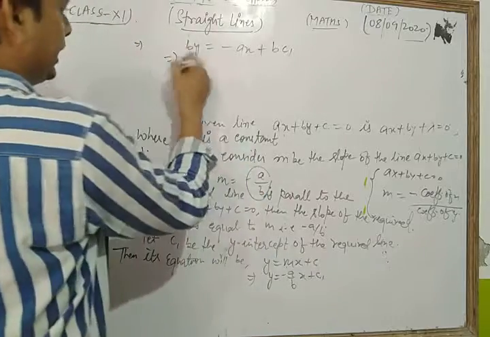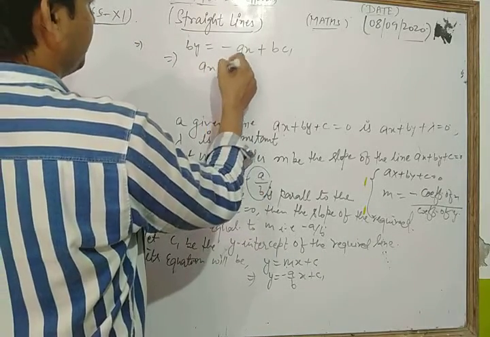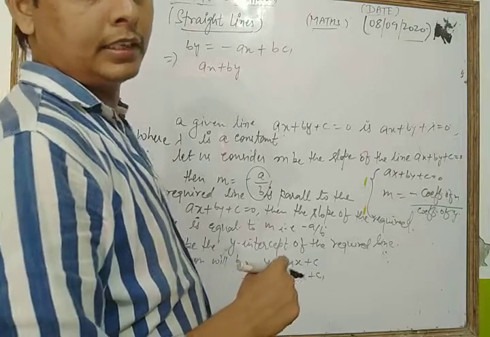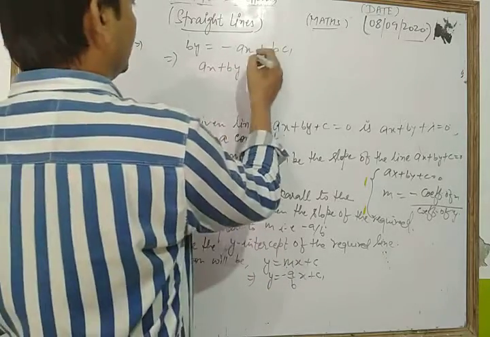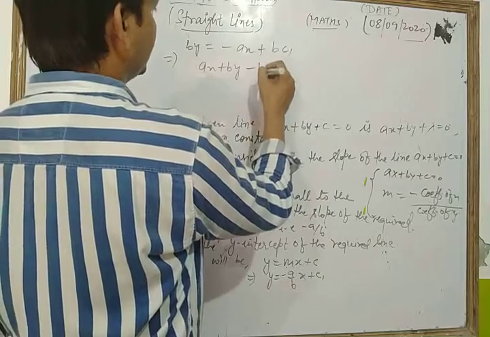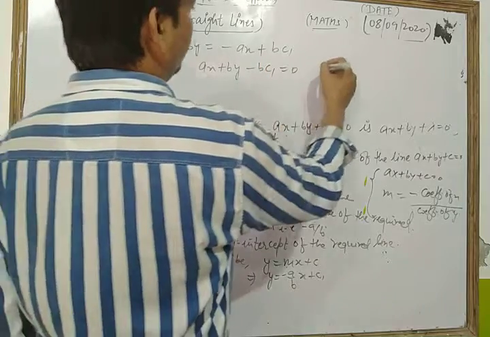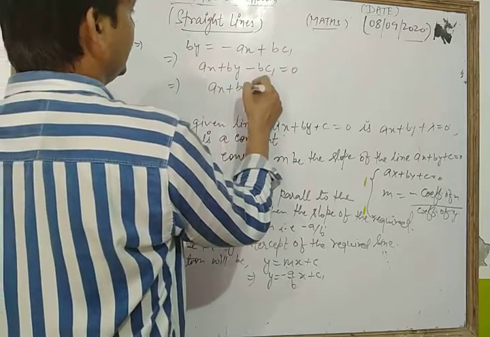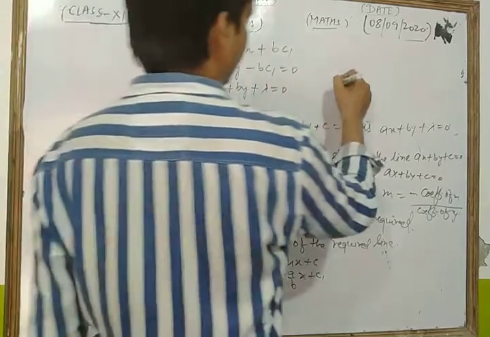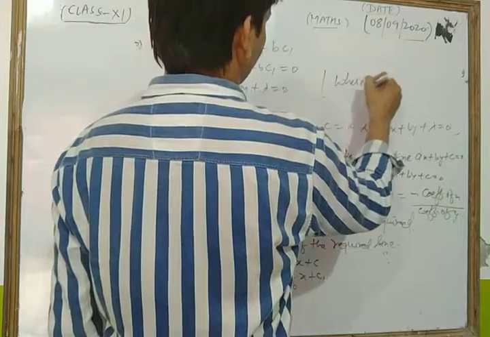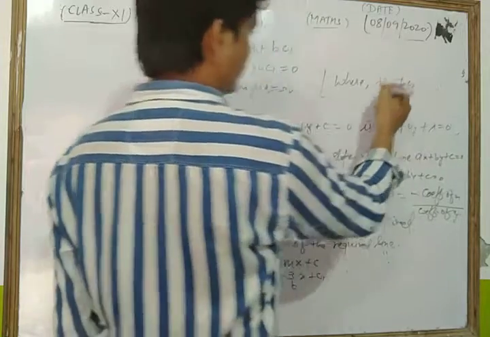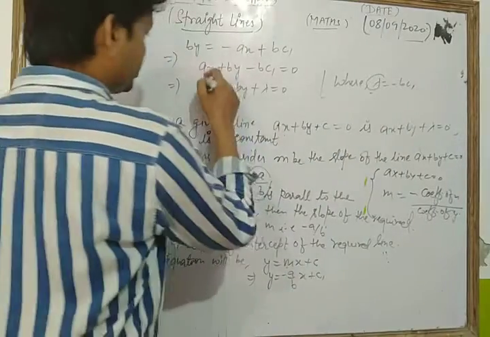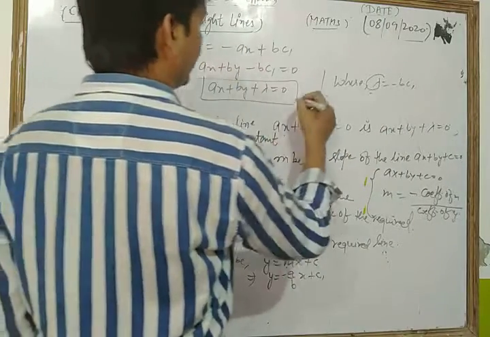Now we have to write ax plus by minus bc1 is equal to 0. Or we can write ax plus by plus lambda is equal to 0, where lambda is equal to minus bc1. Because this is a constant, we take lambda is equal to minus bc1. So dear students, hence proved our result.